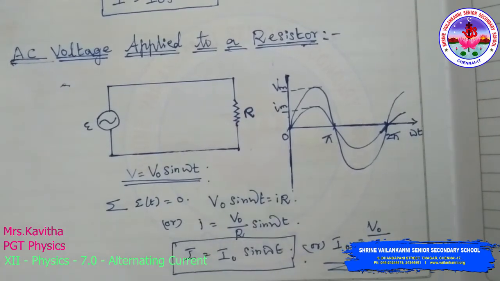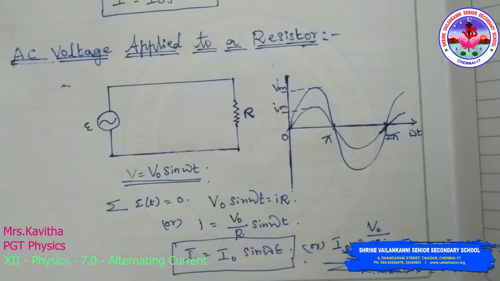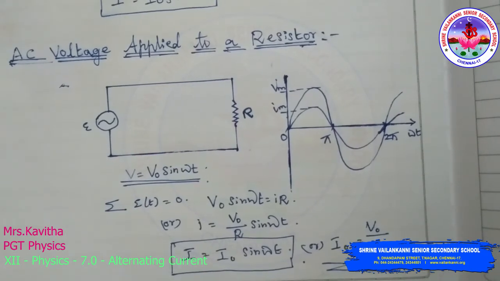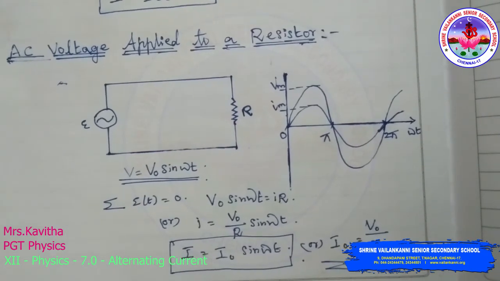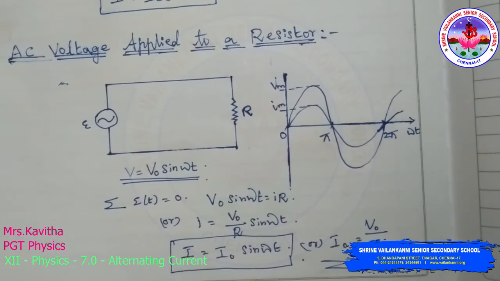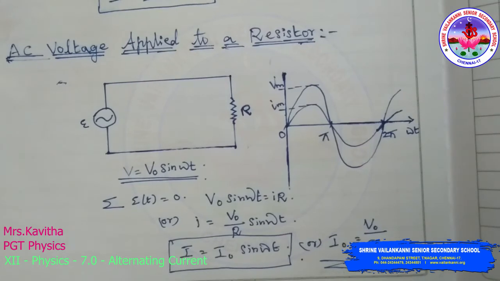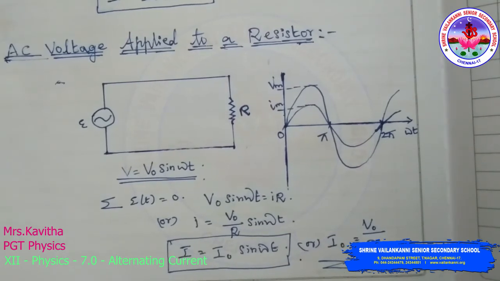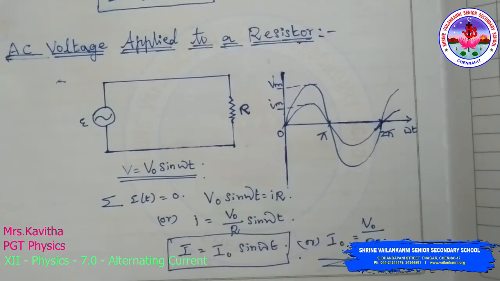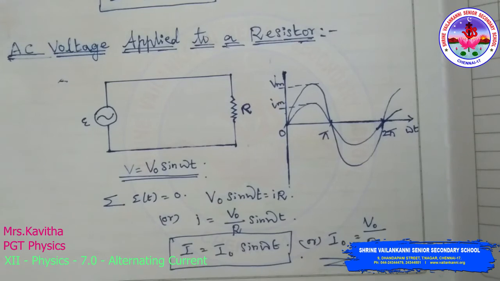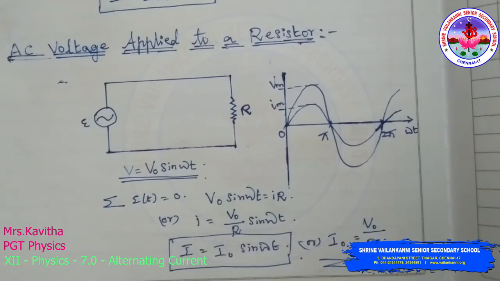Like the applied voltage, the current varies sinusoidally and has corresponding positive and negative values during each cycle. So the sum of the instantaneous current values over one complete cycle is equal to 0, and the average current is also 0.